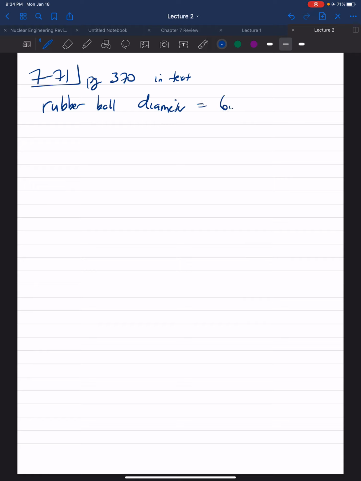Diameter is 6 inches. If the air pressure within the ball is increased and the new diameter is 7 inches, determine the average normal strain in the rubber.